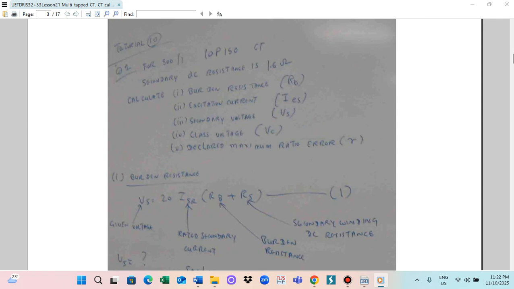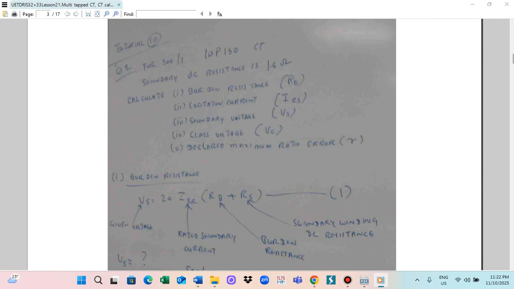The reference voltage is given. In 100 P 150, this 150 is the reference voltage, VREF.